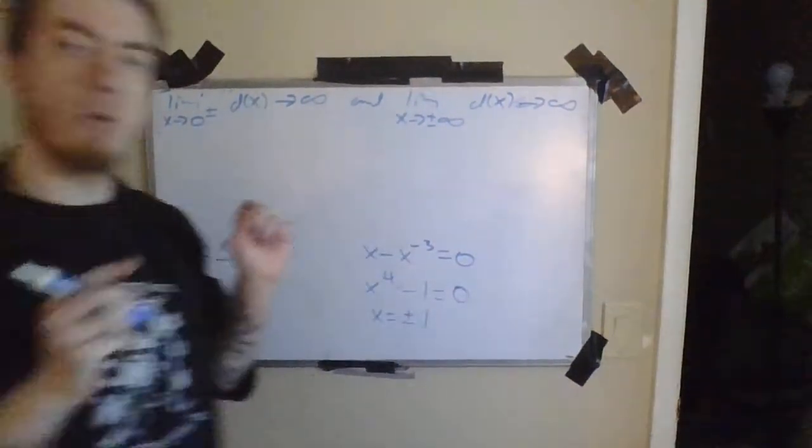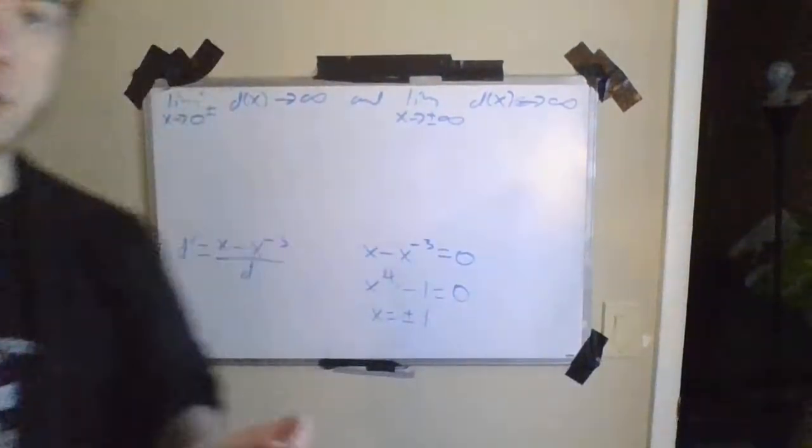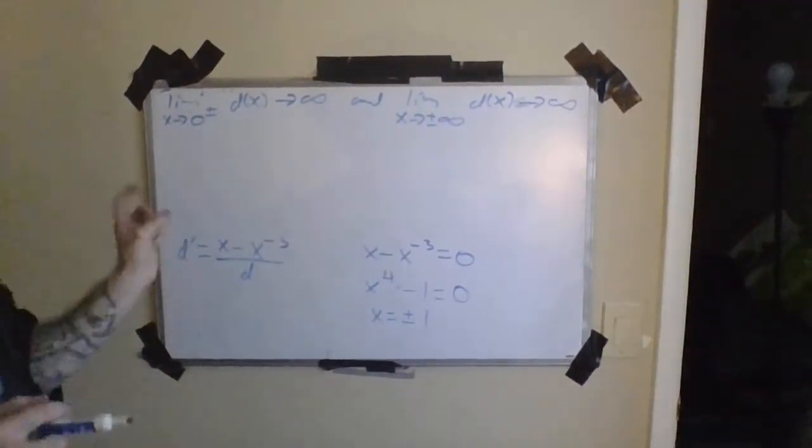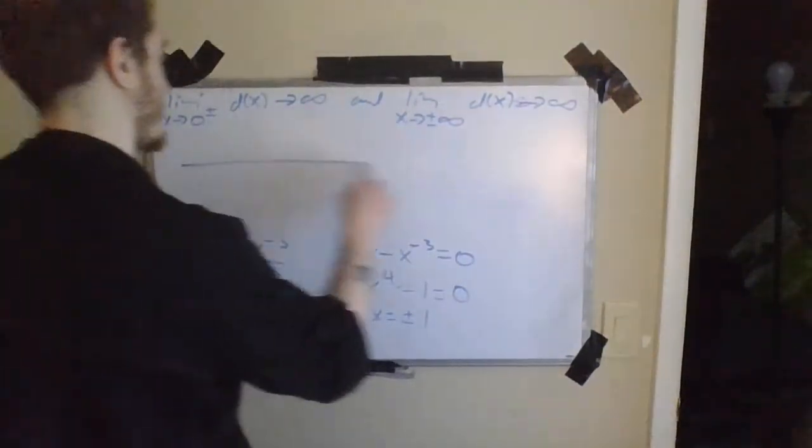So our domain here is split up into two intervals, the x bigger than 0 interval and the x less than 0 interval. But in both cases, we end up with a minimum.